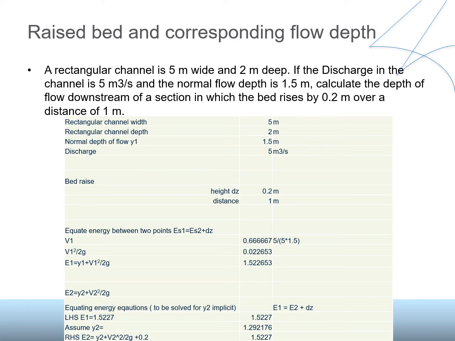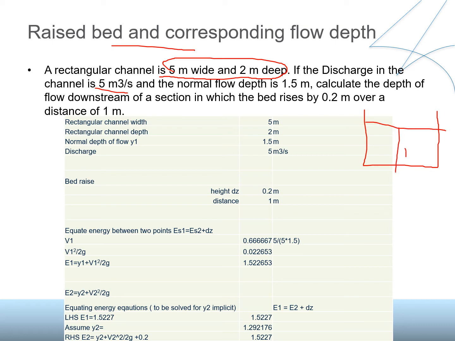Now this is an example, raised bed and corresponding flow depth. A rectangular channel is 5 meter wide and 2 meter deep. Okay, so we have this 5 meter wide and 2 meter deep channel. If the discharge in the channel is 5 meter cube per second and the normal flow depth is 1.5, we need to use that in our calculation.